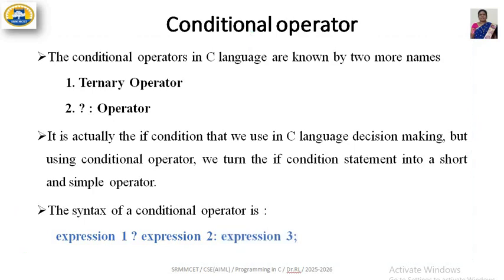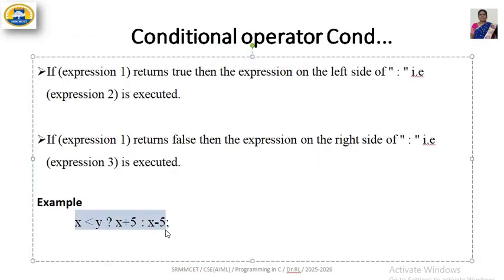One simple example: x less than y, question mark, x plus 5, colon, x minus 5. If x less than y is true, the statement x plus 5 is executed. If x less than y is false, the statement x minus 5 is executed. So that is the conditional decision making statement in C.